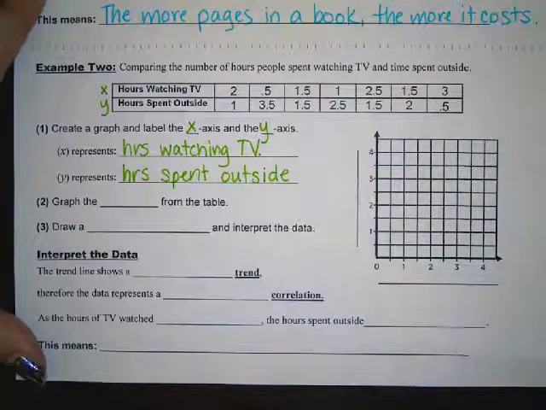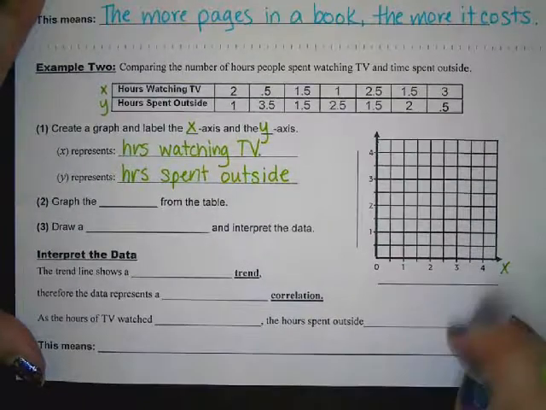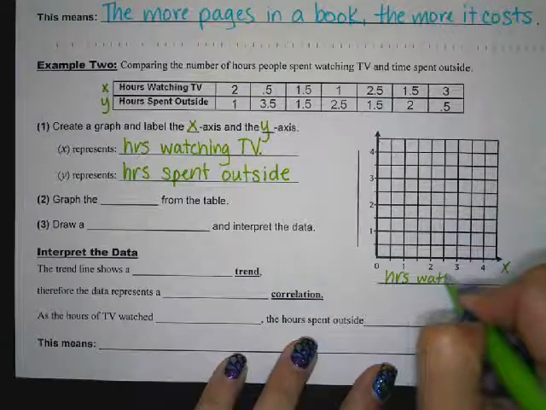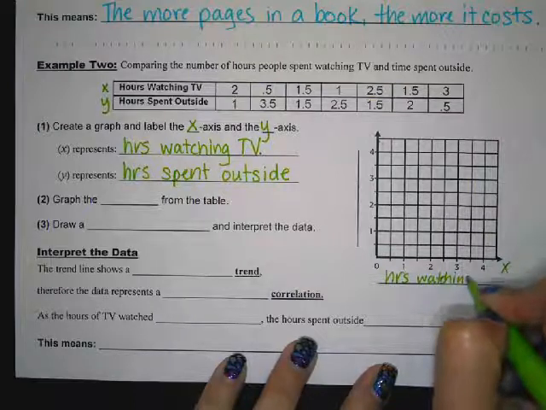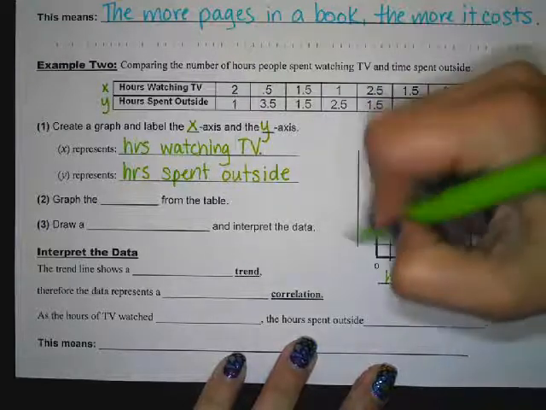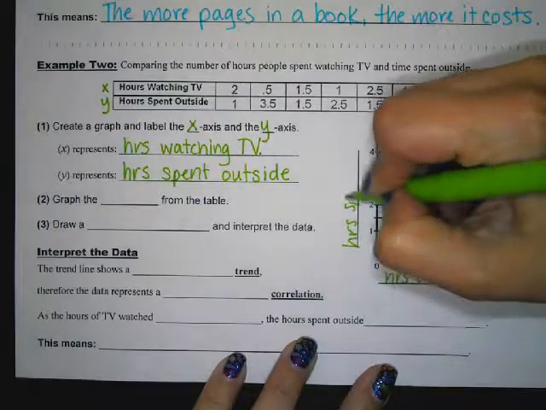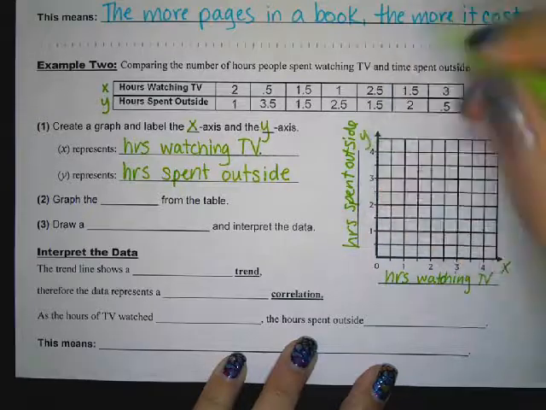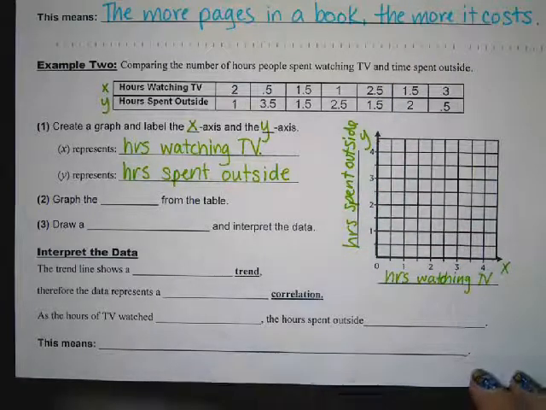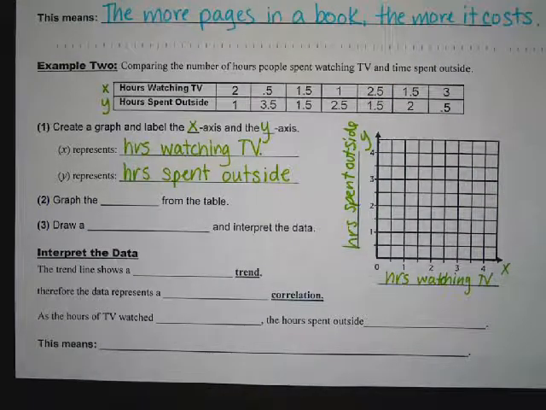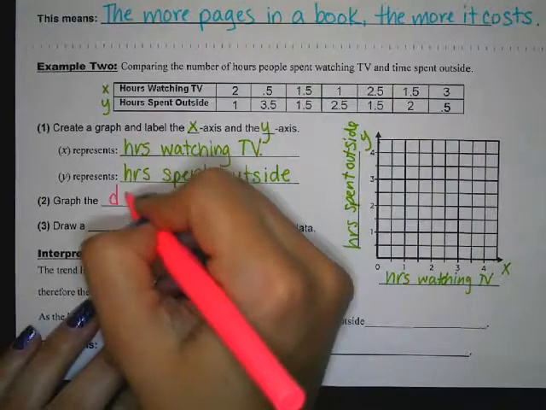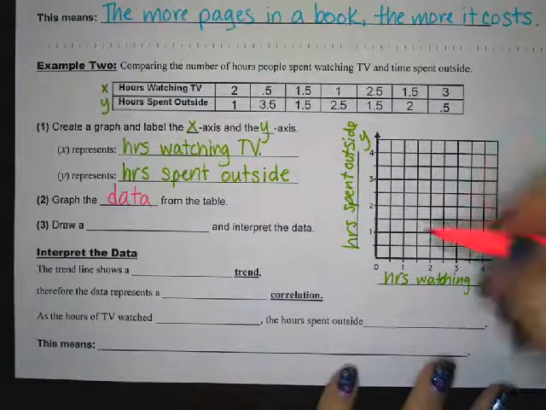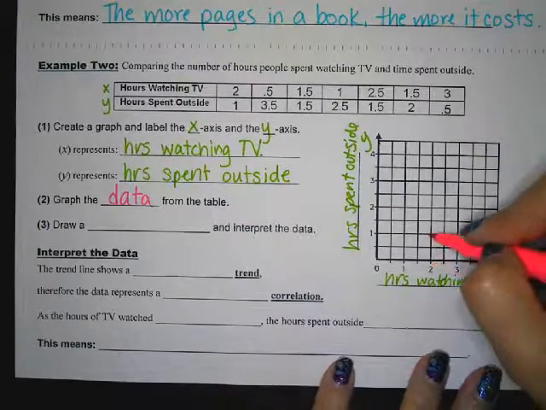Okay, so let's go ahead and label that. So we have our X. Here's our hours watching TV. And hours spent outside. There's our Y. And then we're going to go ahead and graph the data from the table. So we have 2 hours watching TV is 1 hour spent outside.